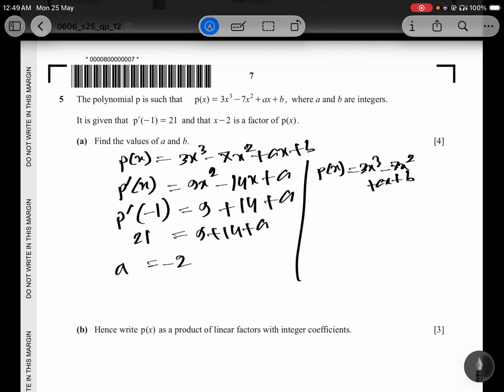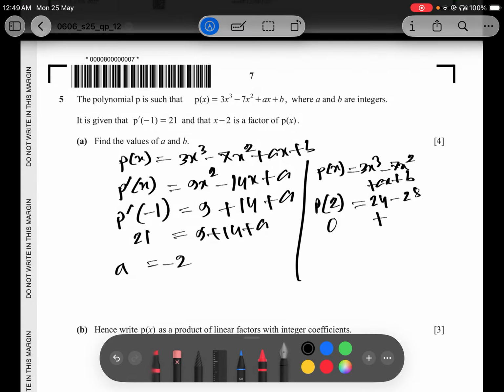Okay, x minus 2 is a factor, so I can write positive 2 here, and it should be 0 here. If I input 2 here, 8, 24 minus 4, 28, plus ax, I mean minus 2x, okay, a value is minus 2, x value is 2, minus 4.